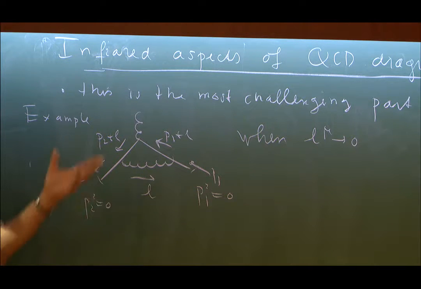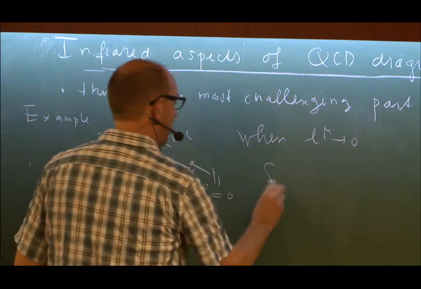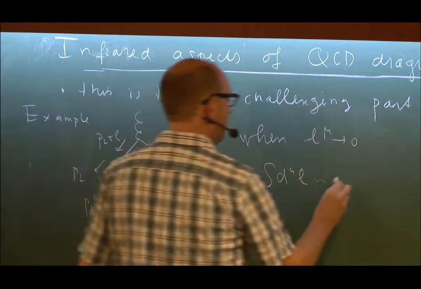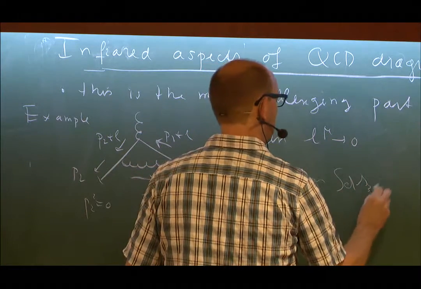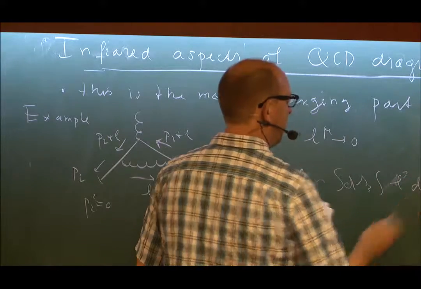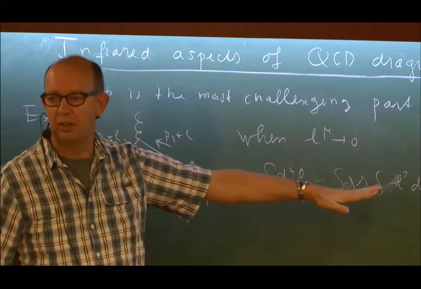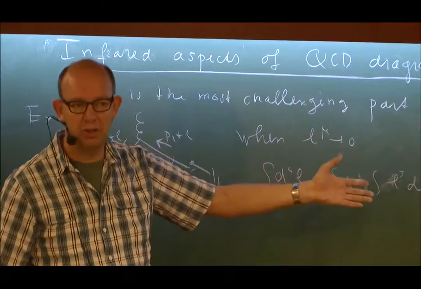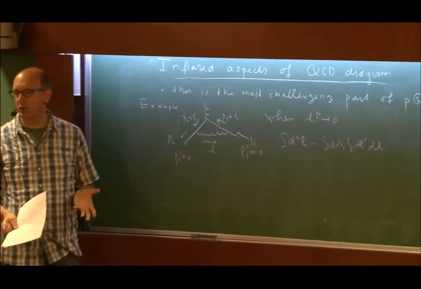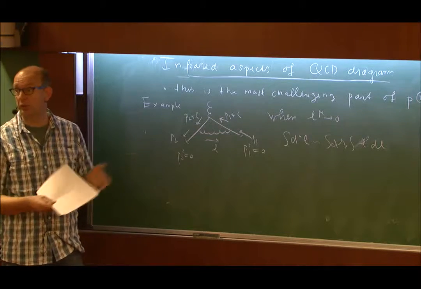Right, so you say, oh Jesus, that's a triple divergence. But don't forget there's also a d4L loop measure, which behaves like some angular part times L cubed dL. When L goes to 0, that helps suppress it again. So it's again a competition between the integration measure and the integrand, to see if there's divergence or not, just like we were doing for UV.